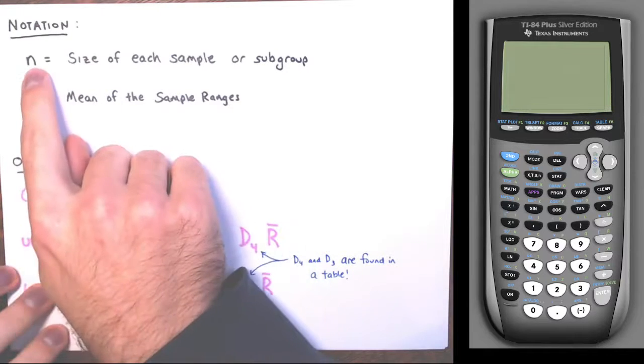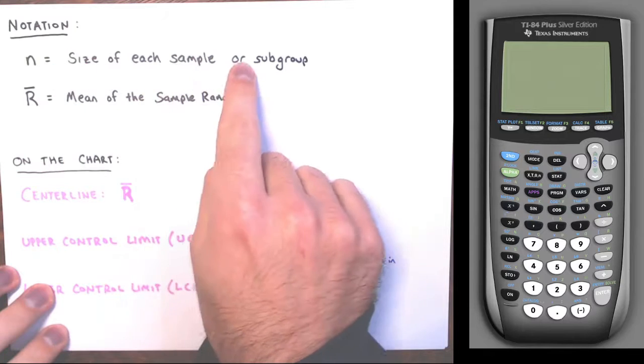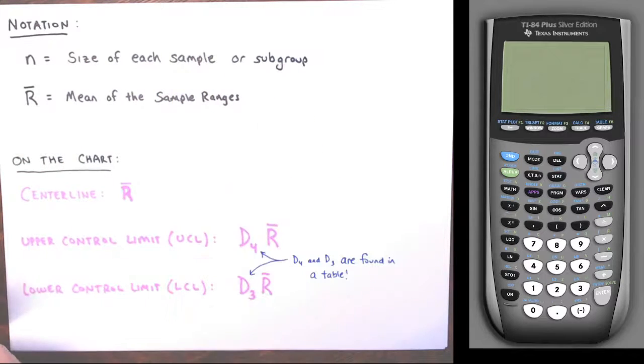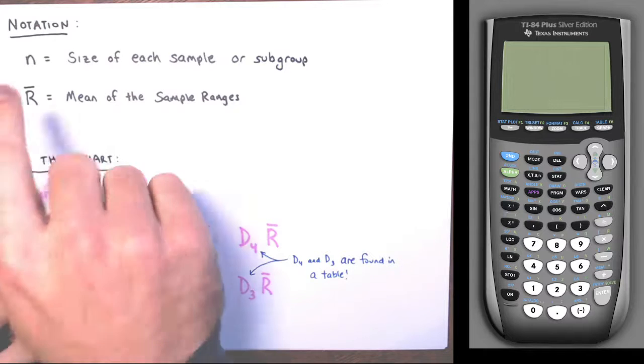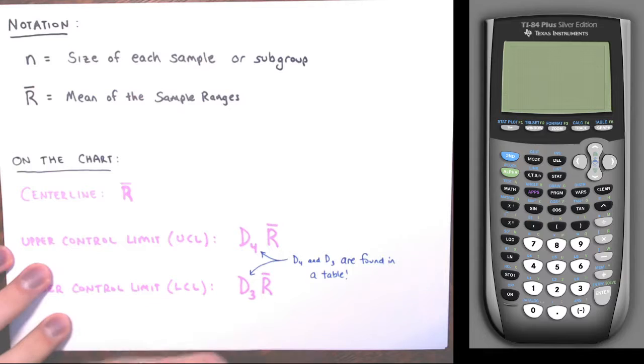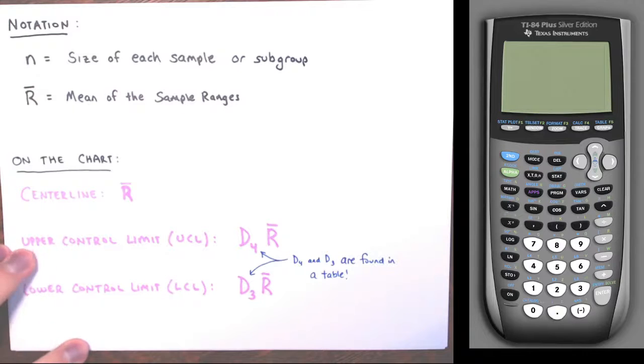The n here is the size of each sample or subgroup. What's the size of the first sample, the second sample, the third sample, day to day or month to month or whatever. It's not everything that was collected, but the size of each sample that was taken at each individual point in time.